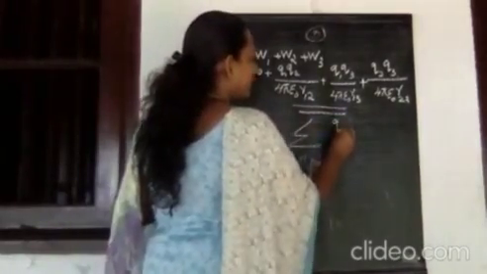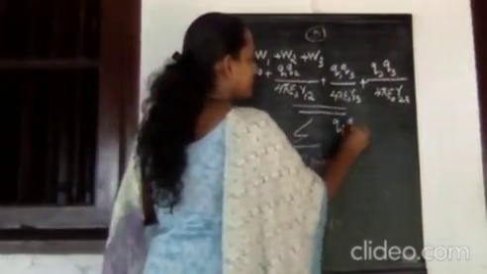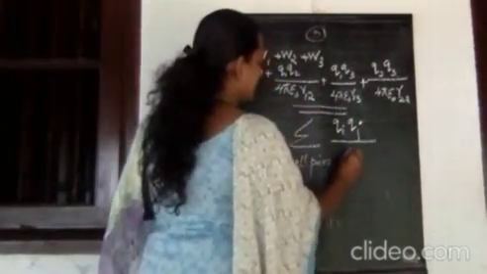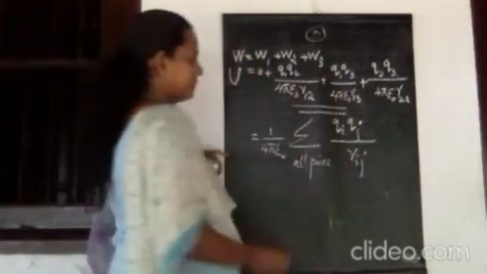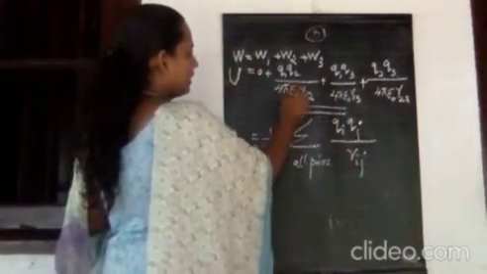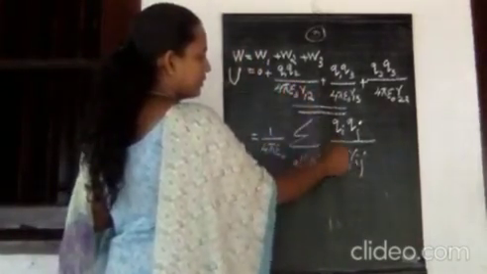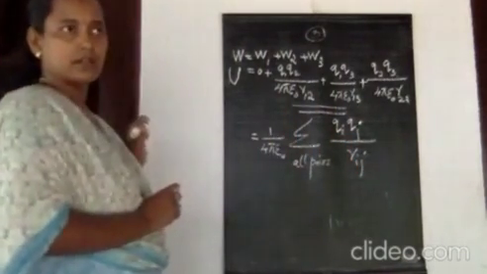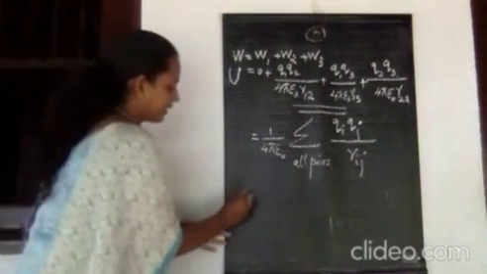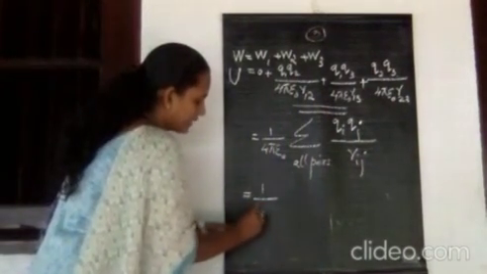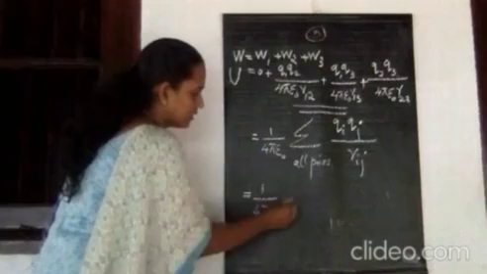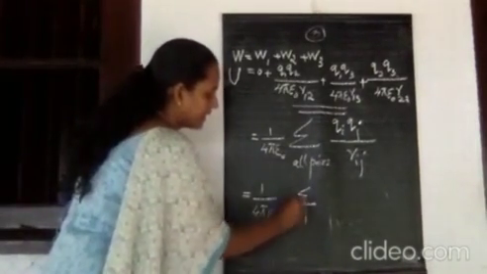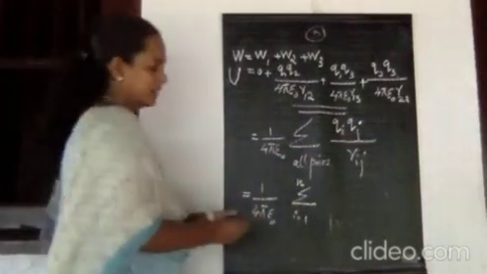Qi, Qj divided by Rij. 1 means R1, Q2 means 2. Therefore Qi, Qj means Rij. In another way, you can write this as 1 by 4 pi epsilon 0 sigma i, it is varying from 1 to n.